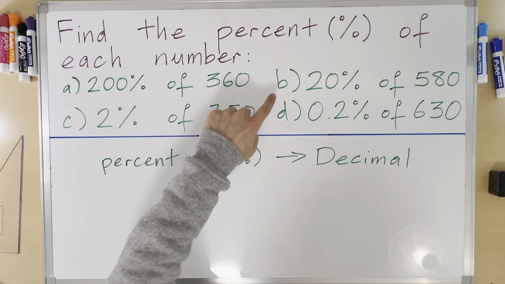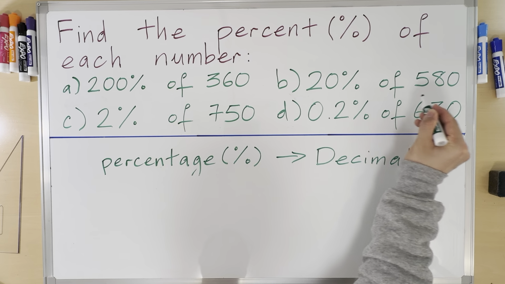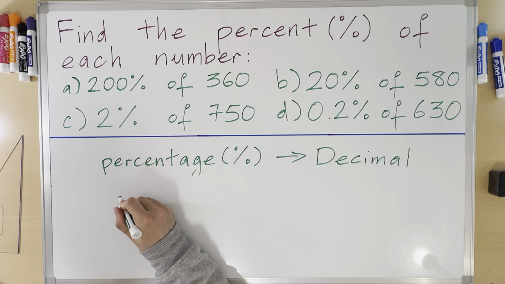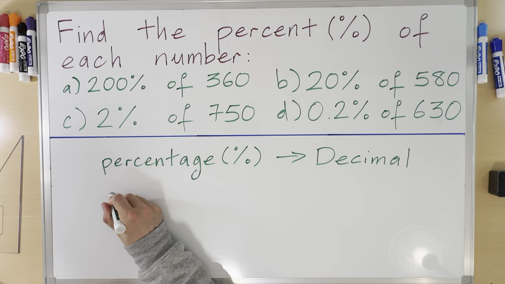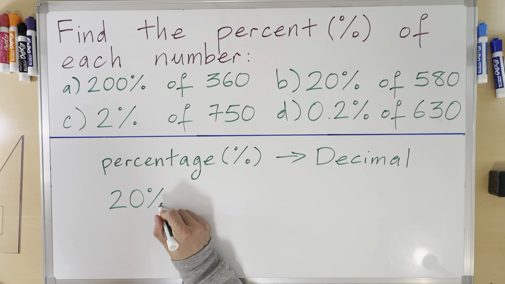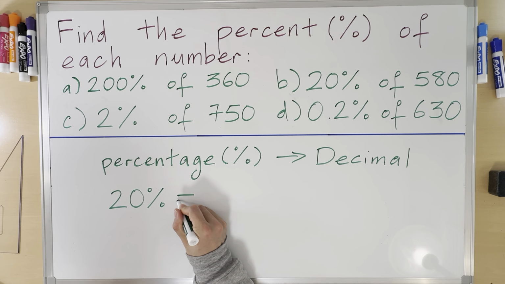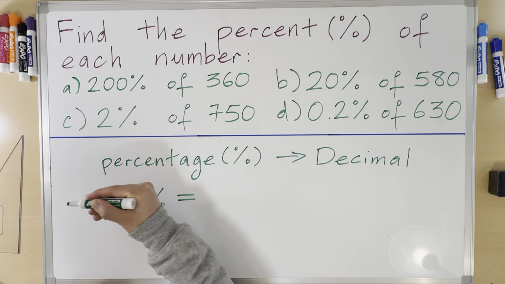Now let us solve problem B. 20% of 580. When converted from percentage into decimal form, once again, we move the decimal place, which is right here, 2 digits to the left.